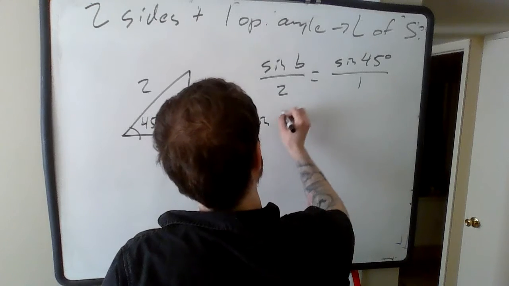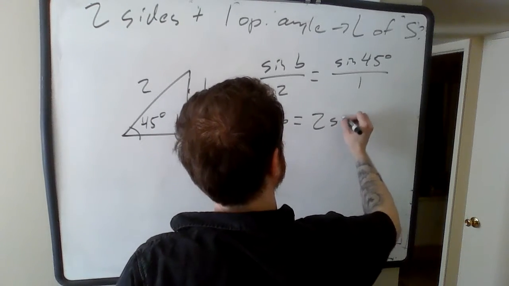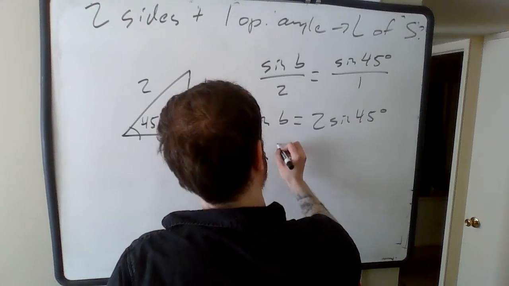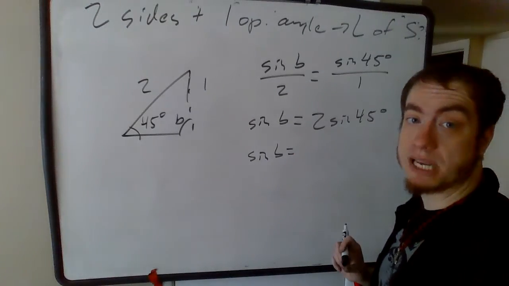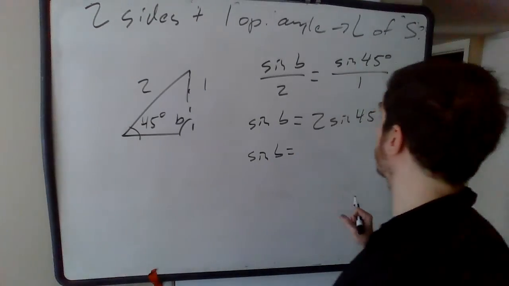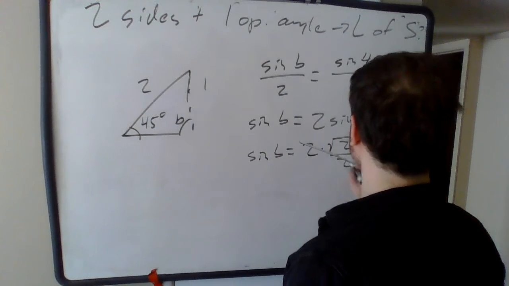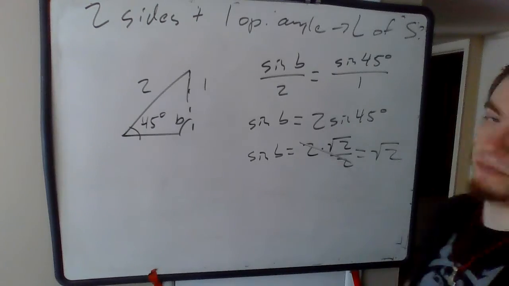Well, that tells you that the sine of b is going to have to equal 2 times the sine of 45 degrees. But what is the sine of 45 degrees? Well, the sine of 45 degrees is actually the square root of 2 over 2. So this comes out to be 2 times square root 2 over 2. The 2's cancel, and I get the square root of 2. So the sine of b is the square root of 2.